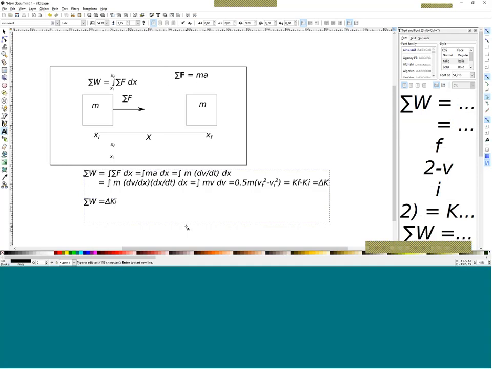And here you can maybe start to connect with the statement earlier, that work doesn't represent energy, but rather energy transferred. In this case, we're talking about kinetic energy that is transferred from one point to another, from this point to this point. Any questions so far?